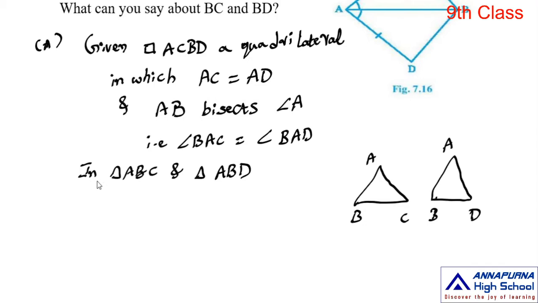In these two triangles, triangle ABC and triangle ABD, AB is equal to AB. This is the common side.